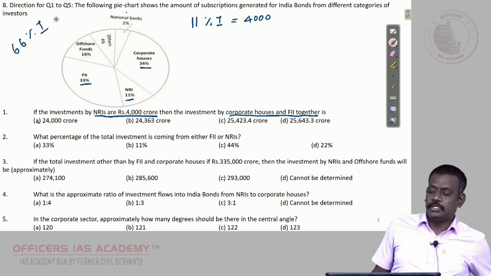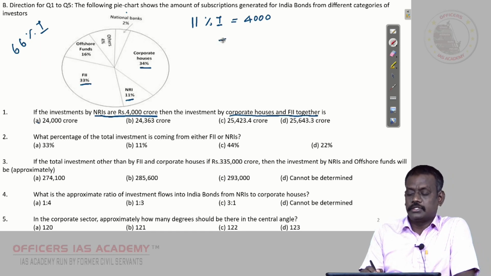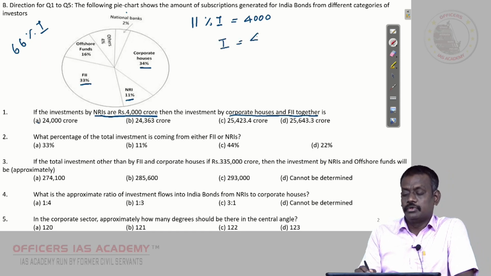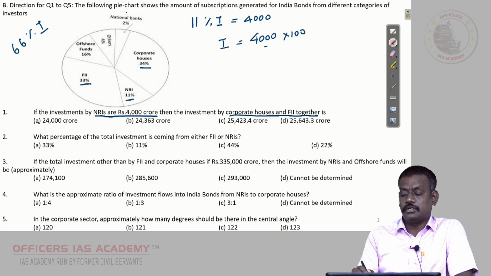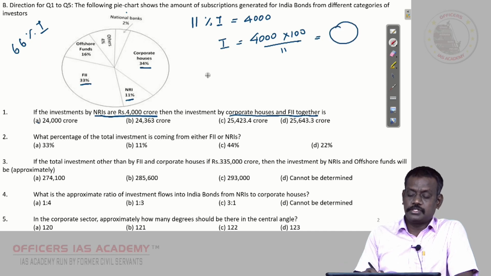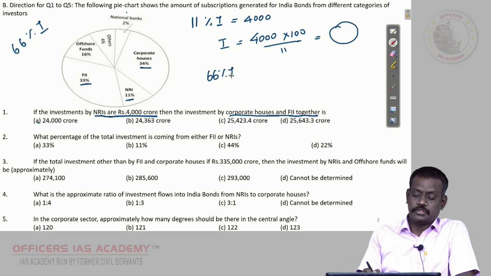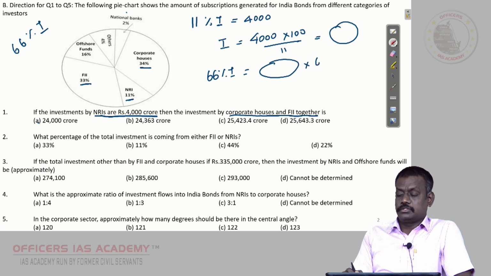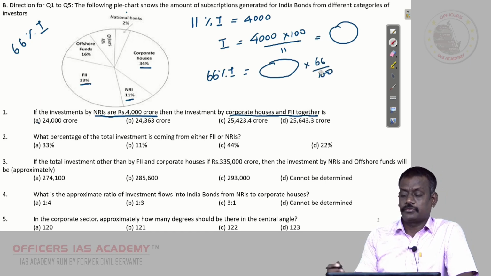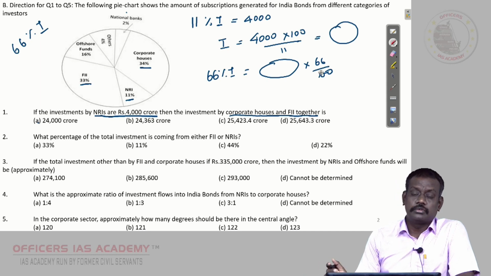To find that, the students used to write like this: the investment is equal to 4,000 into 100 divided by 11. They will get some value, and then they will find 67% of the investment by multiplying this value with 67 by 100. Okay. So you should not do it like this.